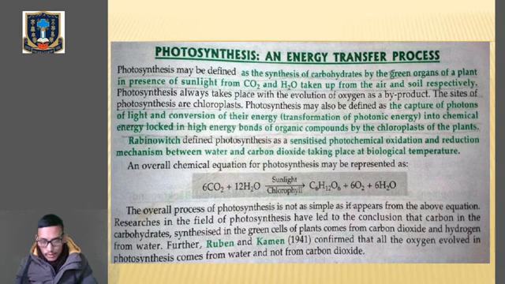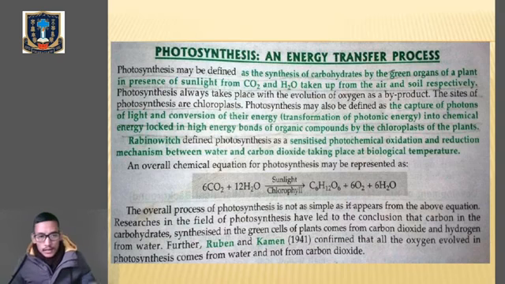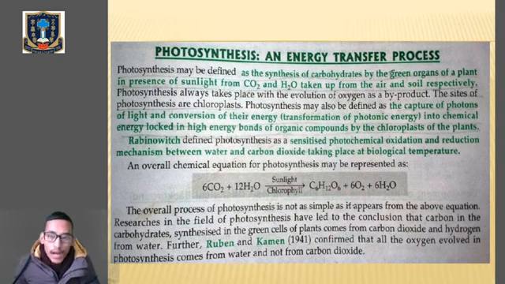So we can say that during photosynthesis the green plants that contain the pigment chlorophyll, in the presence of sunlight and carbon dioxide and water, produce the food or the carbohydrates. Clear? And in this process the oxygen will be evolved as the byproduct. So oxygen will be released into the environment.